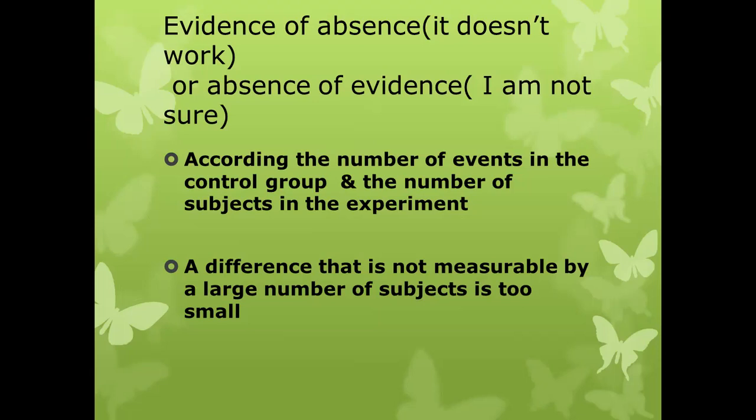Because if I have 100,000 patients in my clinical trial and there is no difference between the drug and the placebo, it means one of two things. Either there's really no difference, or it is a difference too small to measure using 100,000 subjects, which is not a clinically significant difference to be of value. So it's equivalent to having no difference.